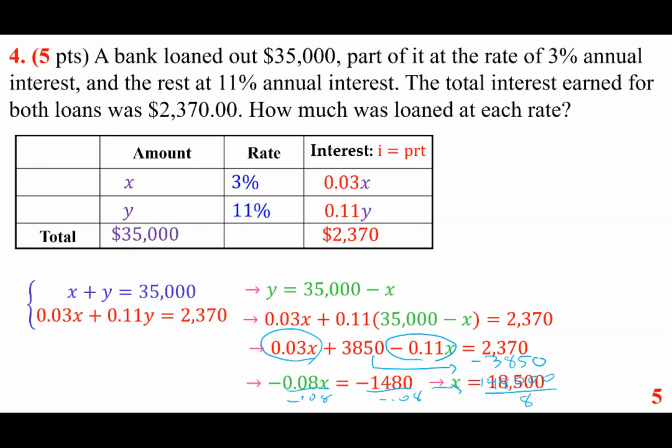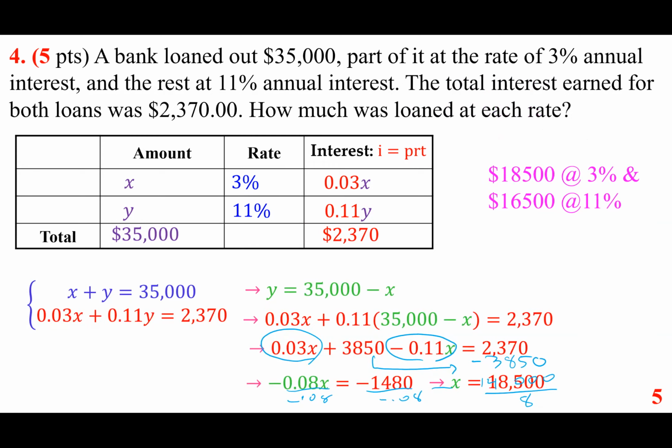We end up with 18,500 at 3%. I can erase this part so it'll be clear. So x becomes 18,500, and the rest of it, in other words, 35,000 minus 18,500 is at 11% investment.